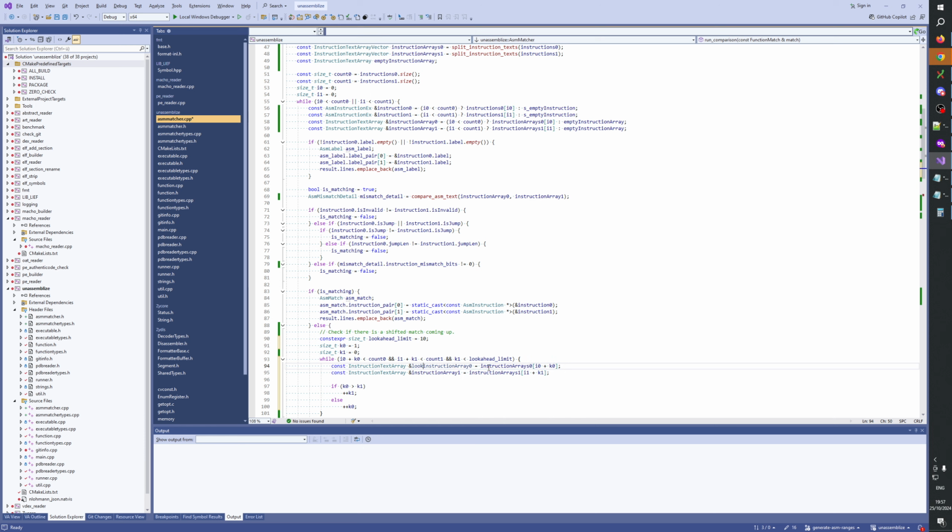Look ahead instruction array. Is that fair? Look ahead instruction array.